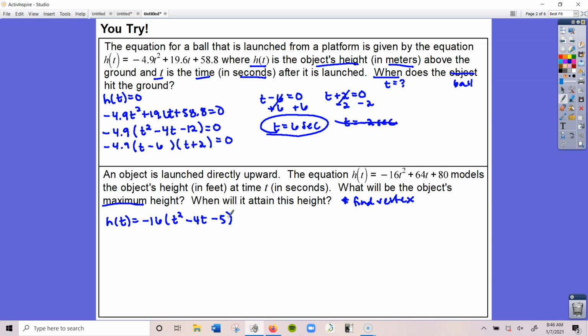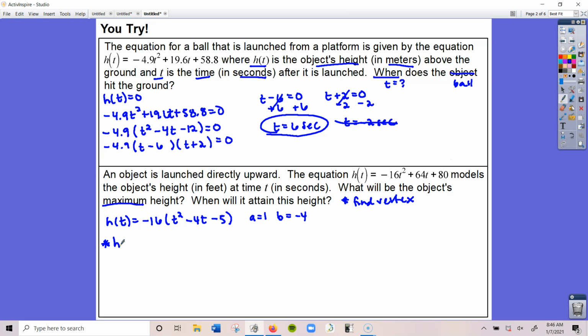Again, the reason I did this is because now when I try to find the vertex, a is 1, b is negative 4. So my numbers are much smaller and it's easier to do. However, if you don't want to factor, that's fine. You can still use the quadratic equation that's given and find the vertex using these numbers here. That would still give you the same answer.